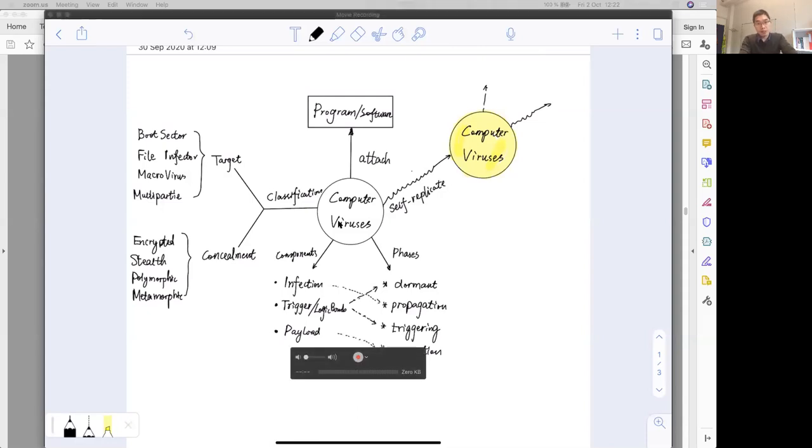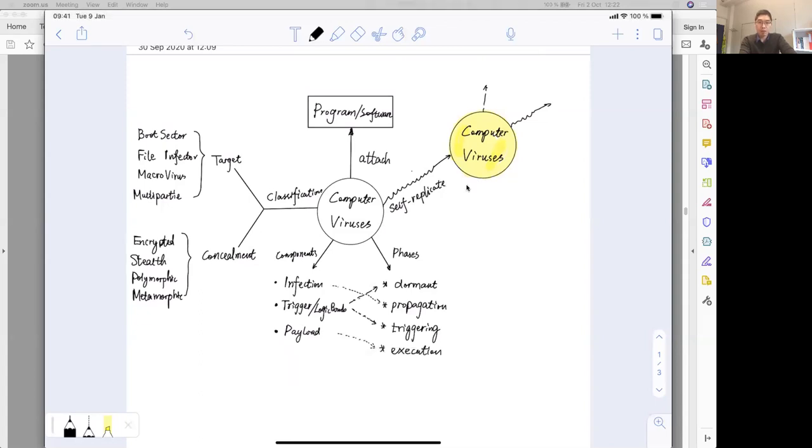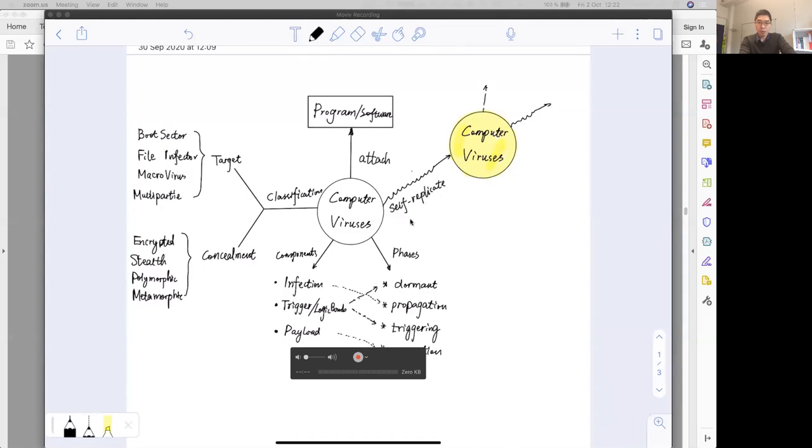And it has a feature that it will try to replicate itself by adding itself to other programs which haven't been infected yet. So it has this process called the self-replication process.